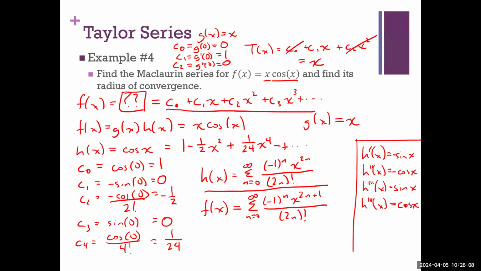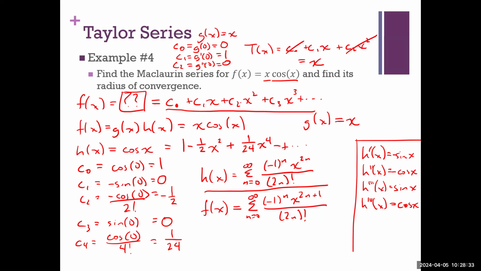Something else I want to point out. The power series we built for cosine is the thing we call h, right? We previously did one for sine. Among other things, there's a relationship between sine and cosine through calculus. What is that?